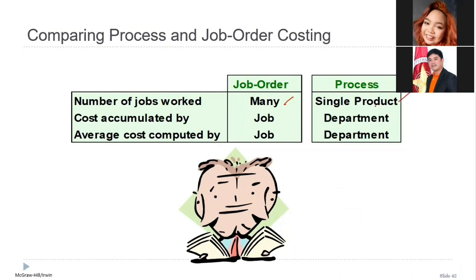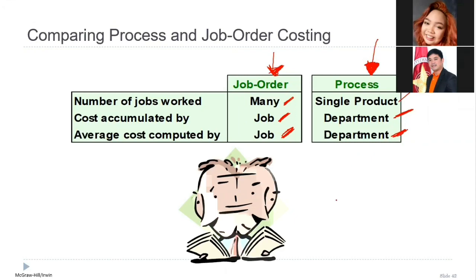With job order, accumulated by individual job, per job ang pag-accumulate, pero sa process costing, per department ang pag-accumulate natin. Ang process costing po ay pag-uusapan natin after the midterm. Ito pong job order, ang focus natin ngayong midterm. Okay? So average cost computed by job din kapag job order, by department naman pag process costing system.